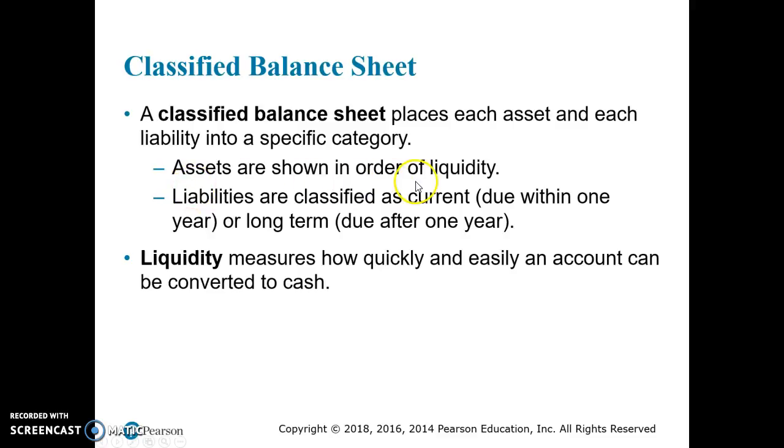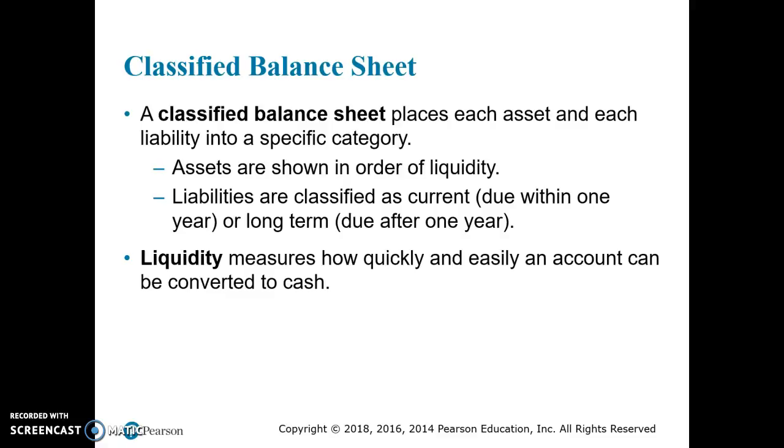Assets are shown in order of liquidity. How easy is it to convert those assets into cash? Our most liquid asset would be cash. Liabilities, like I said, you'll classify as current versus long-term.